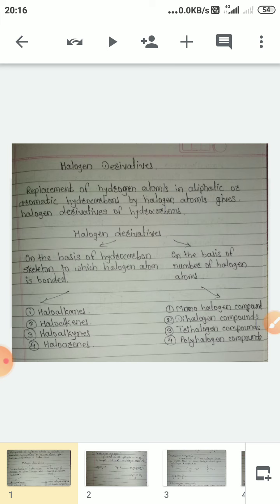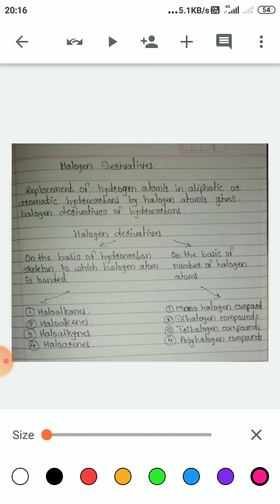Okay, now halogens are nothing but group 17 elements we have seen before this, and the halogens are fluorine, chlorine, bromine, iodine and astatine.